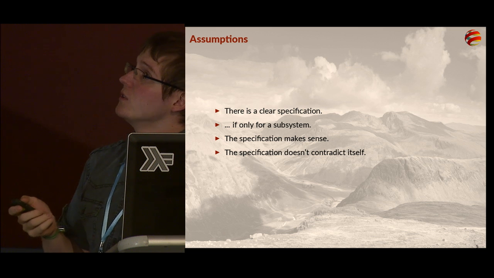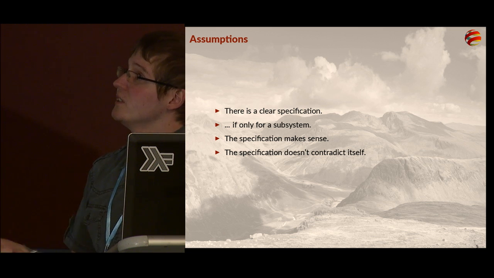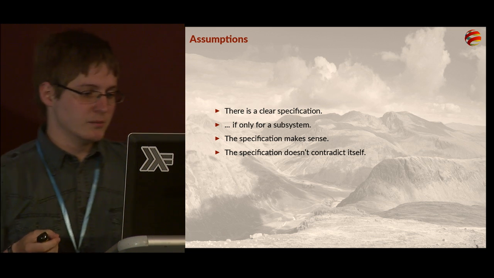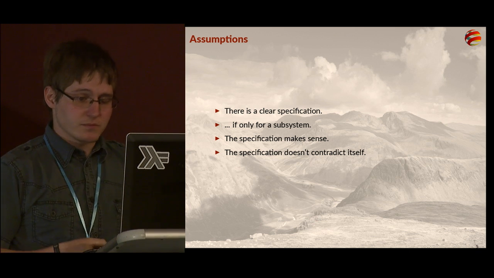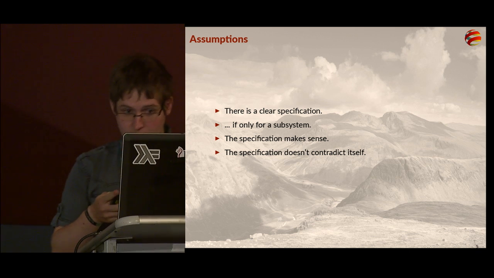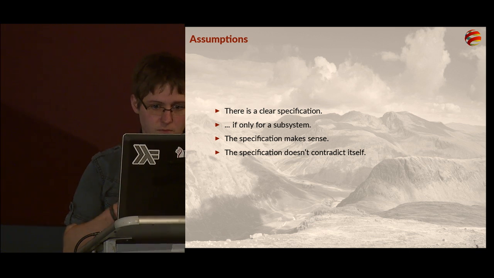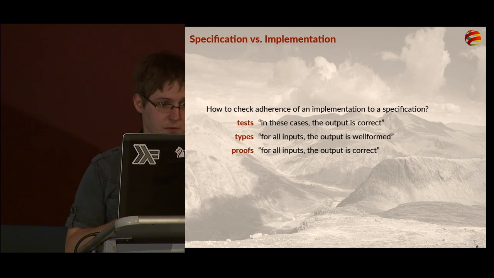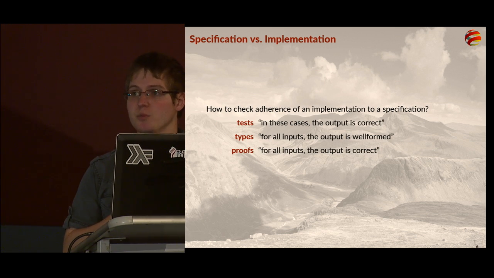And of course, I'm also going to assume the specification makes sense, that it doesn't contradict itself, that it's written clearly, and all that stuff. So we have the specification now, and now the question is how to implement this.